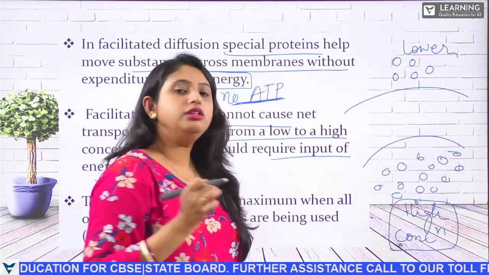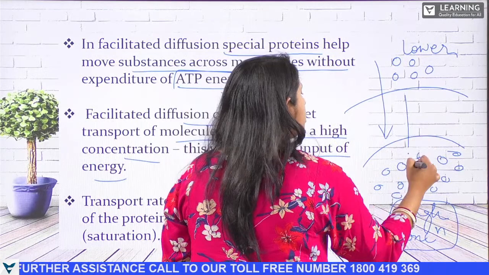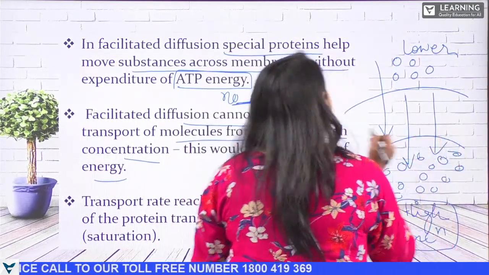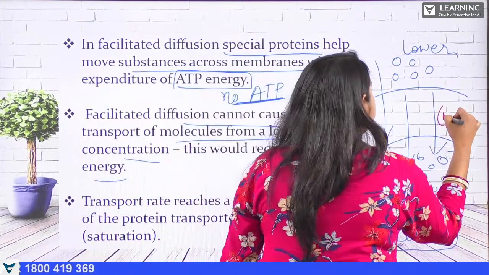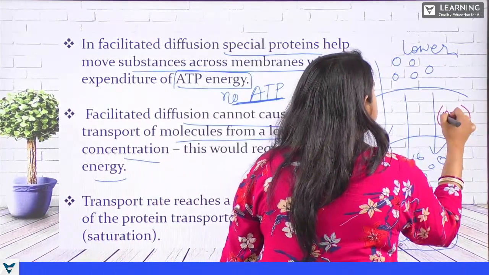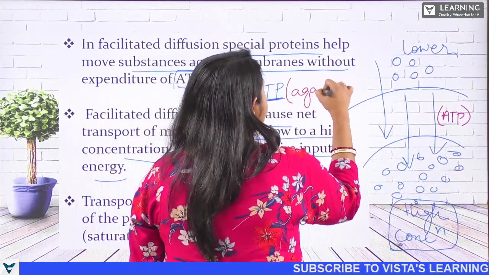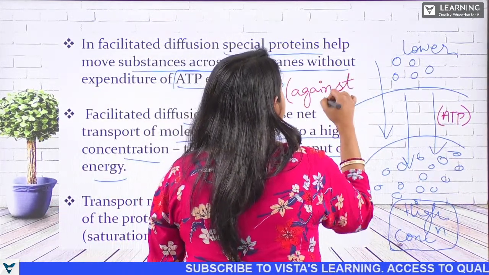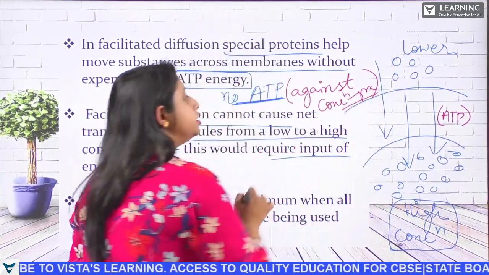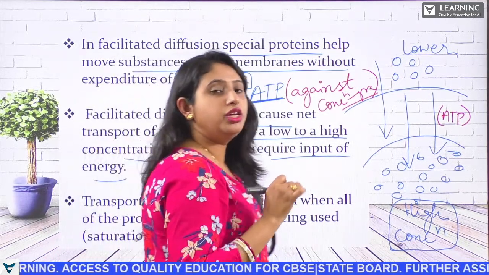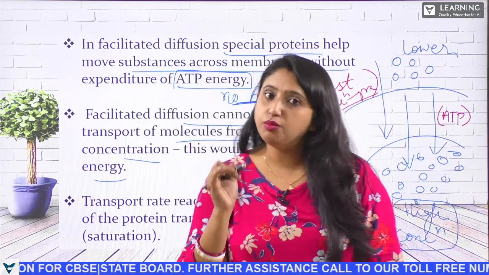Because passing molecules from lower concentration to higher concentration will require energy. This will be against the concentration gradient, and for that there should be expenditure of energy in the form of ATP molecules.